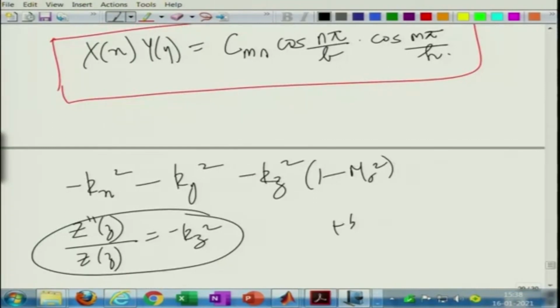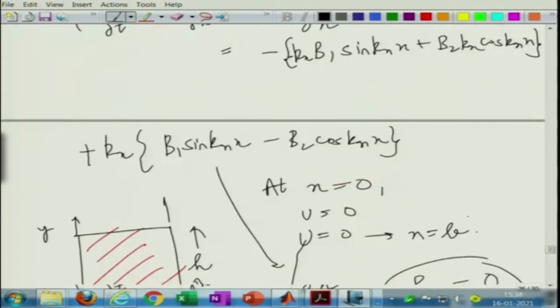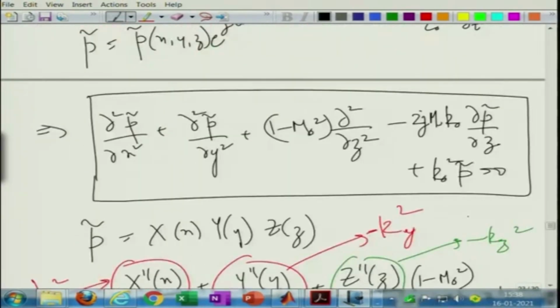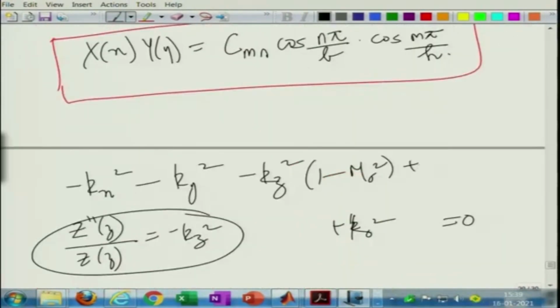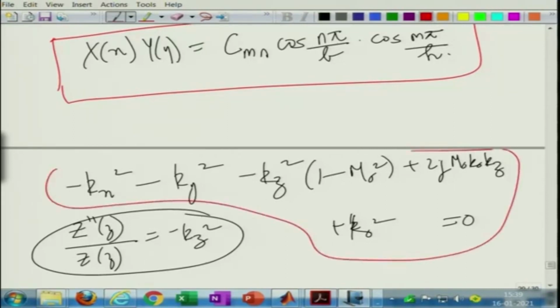Remember, we are getting a term k naught square here, and then there is another term which is related to damping. So this is minus 2 j k M naught k naught, and this is minus kz. So, minus minus is plus, so plus 2 j k M naught k naught into kz. This entire thing is then like this.